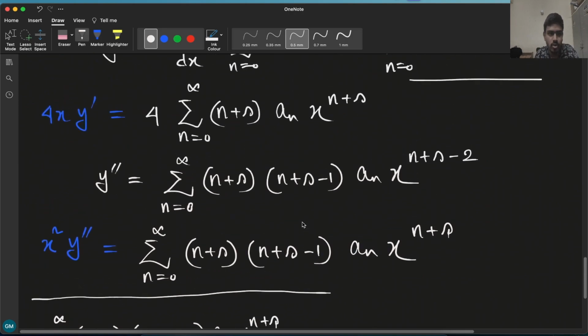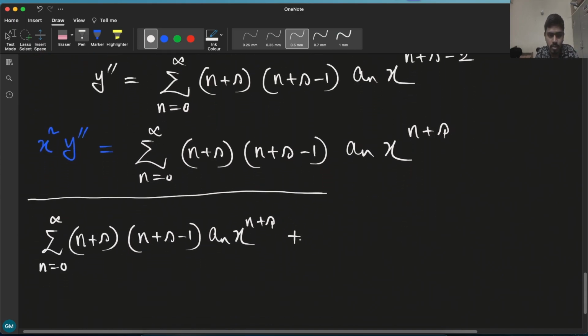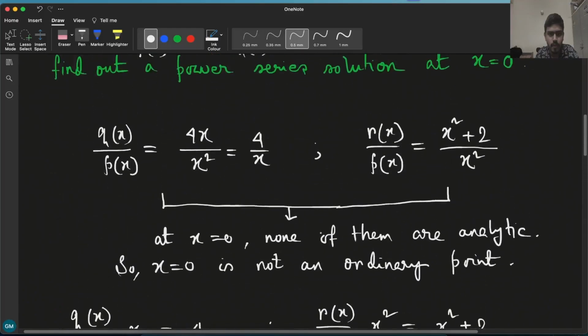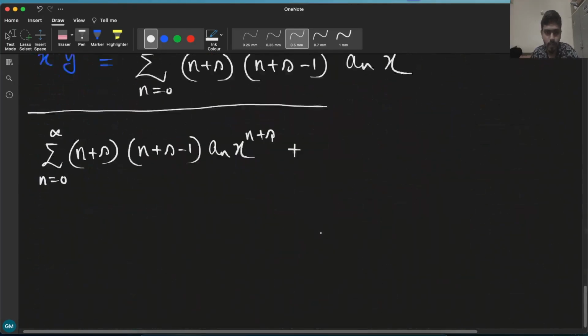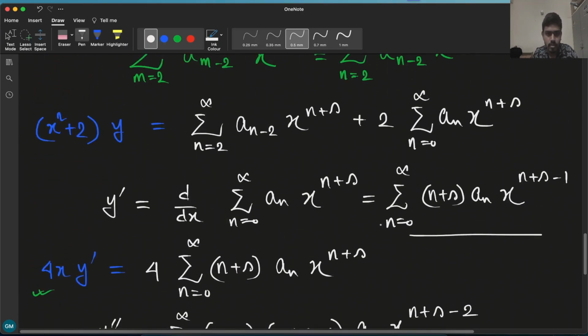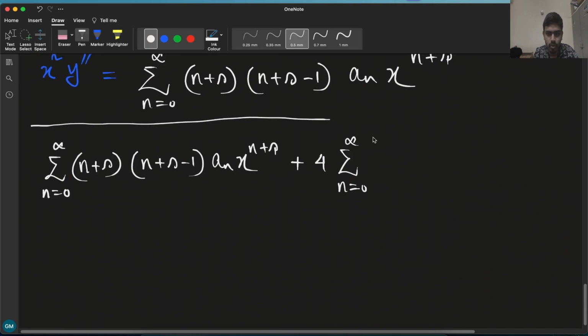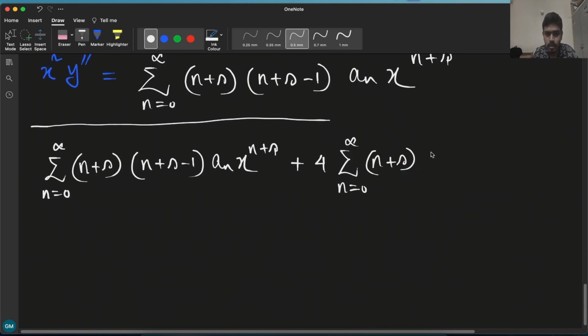Now the second term, plus 4 times the sum over n equals 0 to infinity of (n plus s) a_n x to the power n plus s.